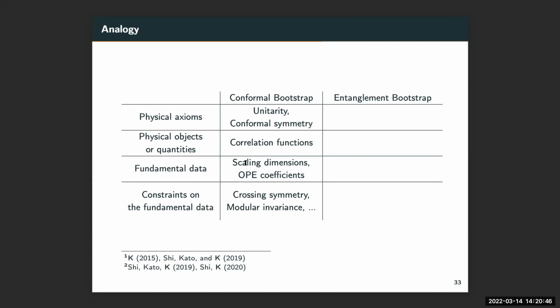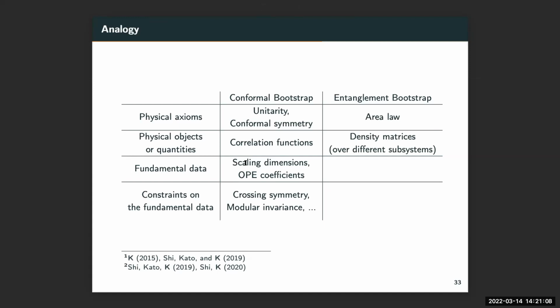I like to draw some analogy between the Conformal Bootstrap program and our program. Of course, these are completely different programs, but I think there are some nice parallels. Here we have a physical axiom, which is the area law, which may not always be true, but it's an assumption.